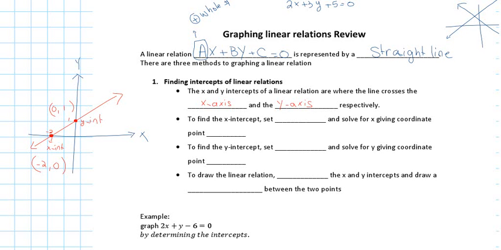So to find the x-intercept, set y equal to 0 and solve for x, given the coordinate point x, 0. Okay? So any x-intercept is going to give you a value, comma, 0.